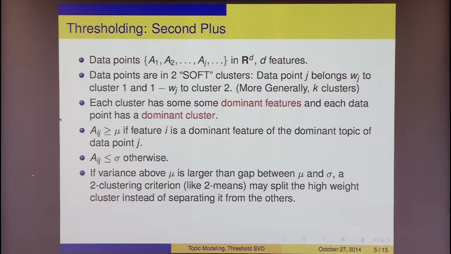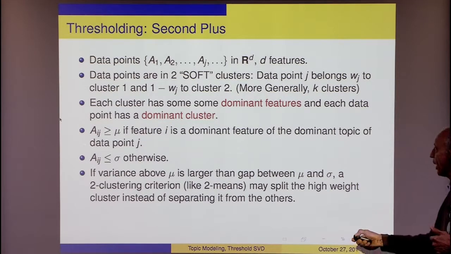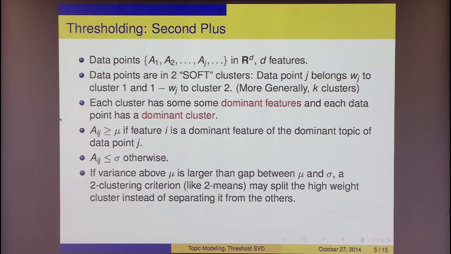If the heavy parts can stretch from mu upwards all the way to 1, and the light parts stretch from sigma down to 0, the variance above mu can be much larger than the gap between mu and sigma, right? So mu might be 0.4, you might go all the way from 0.4 to 1, whereas sigma might be 0.3. So the gap between 0.4 and 0.3 is smaller than the variance above mu, perhaps.